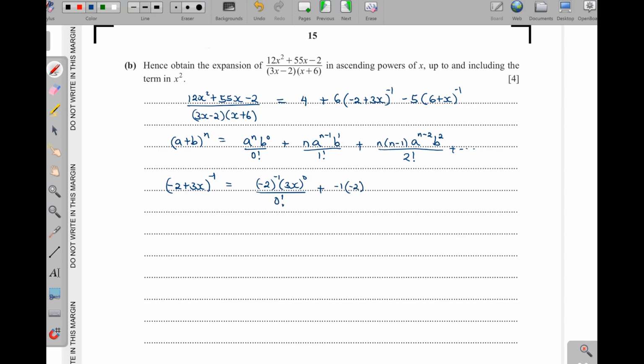Then this negative 2, its power is now a negative 2, then 3x, then to the power of 1, out of 1 factorial. And then drop this negative 2 also. You will get negative 1, then times this negative 2. Now, the negative 2 we are having here, its power changes to minus 3, and then this is 3x, then to the power of 2, out of 2 factorial. This one is continuing, but they told us to end here.